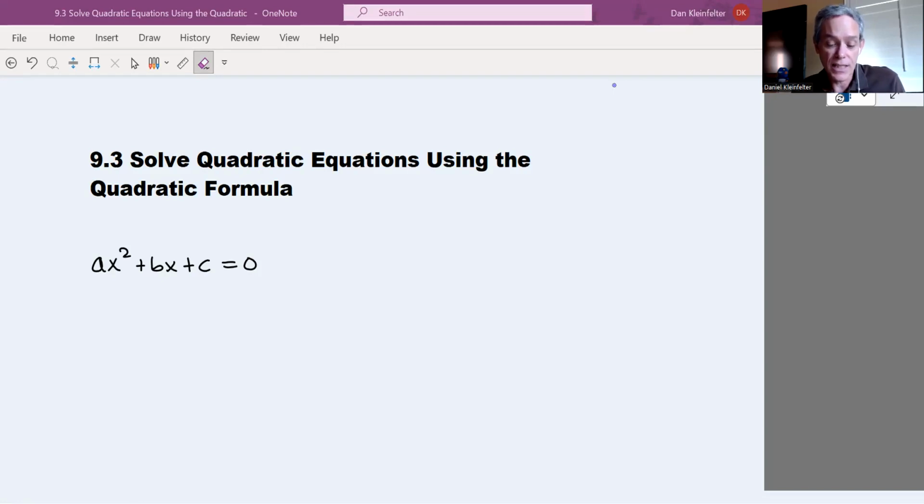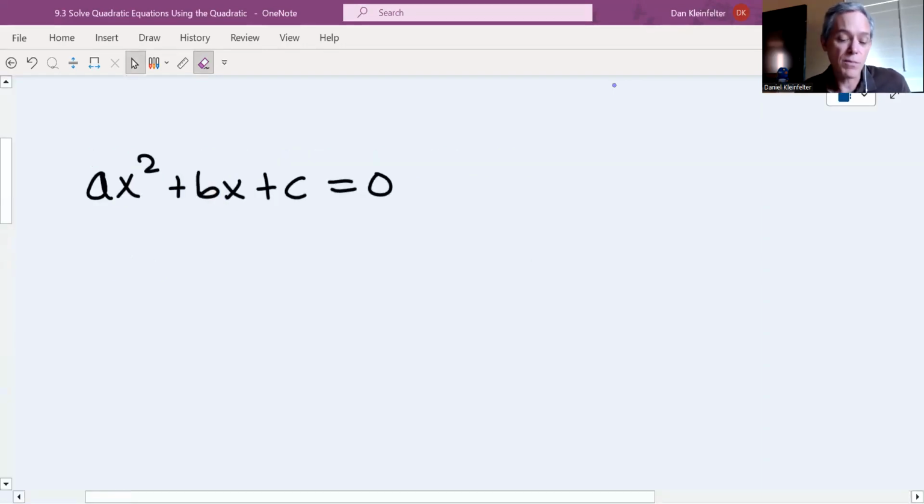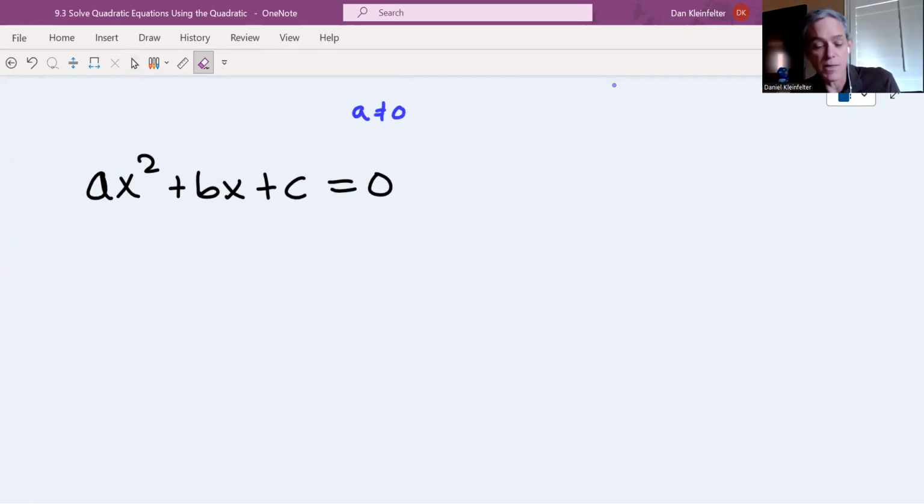So let's say that we've got this equation, ax squared plus bx plus c equals 0. For this, we're going to assume that a is not 0. After all, if a were 0, we would just have a linear equation, and we know how to solve those.